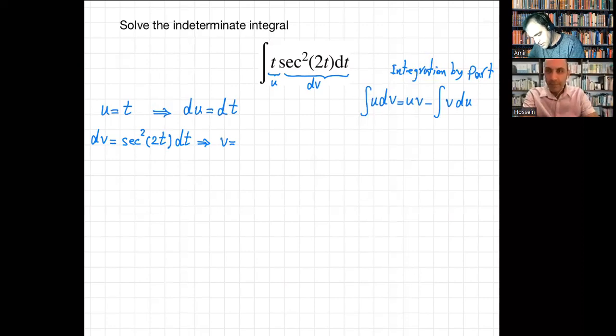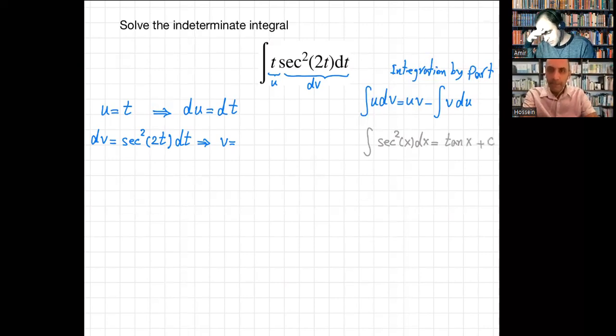So as an aside here, I'm going to change the color. The integral of secant squared of x dx is equal to tangent of x plus c.